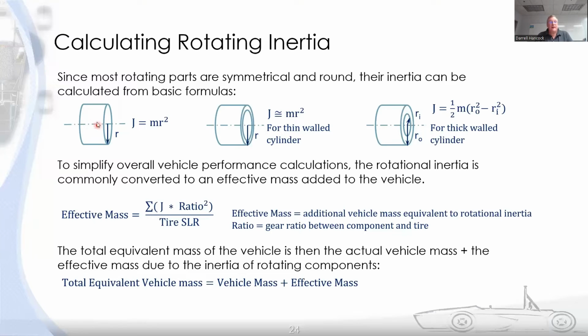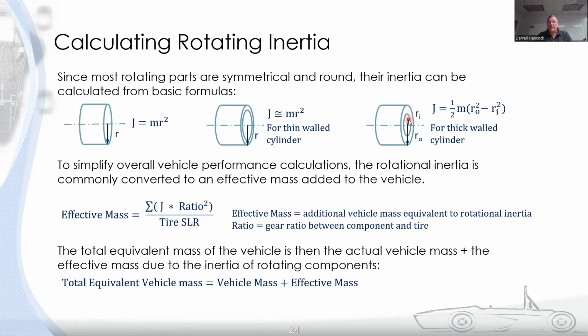So for a solid disc or a shaft, the inertia is the mass of the part times the radius of the part squared, times one half. Pretty simple. If you have a thin-walled cylinder, which might be the rim of your wheel, the inertia is approximately equal to the mass times the radius squared if your wall is thin, right?